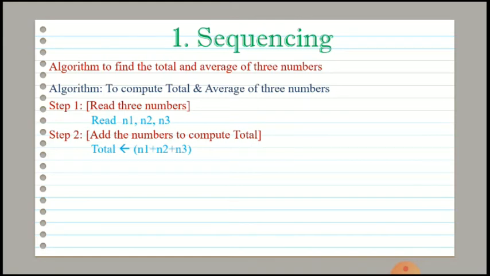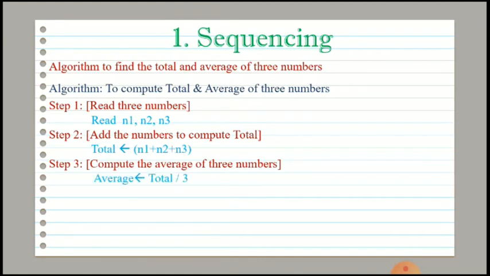After calculating total, now we can calculate the average of those three numbers. In step 3, we will take the total calculated in step 2 and divide that total by 3, so that you will get the average and save that result in average. So the statement will be average equal to total divided by 3.